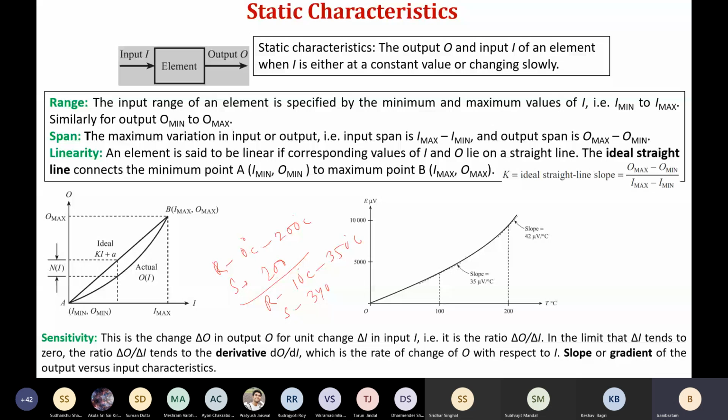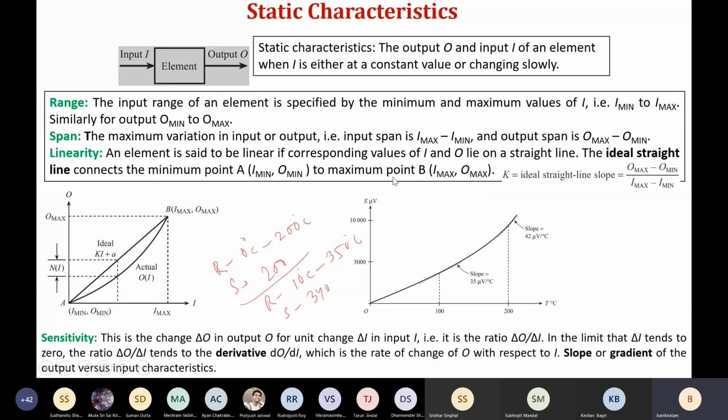Obviously linearity is our priority, because if your system characteristic is linear and you can calculate the slope, then for any input you just multiply the input value with the slope and you get the output. You need not do any further measurements. So linearity is a very important factor.